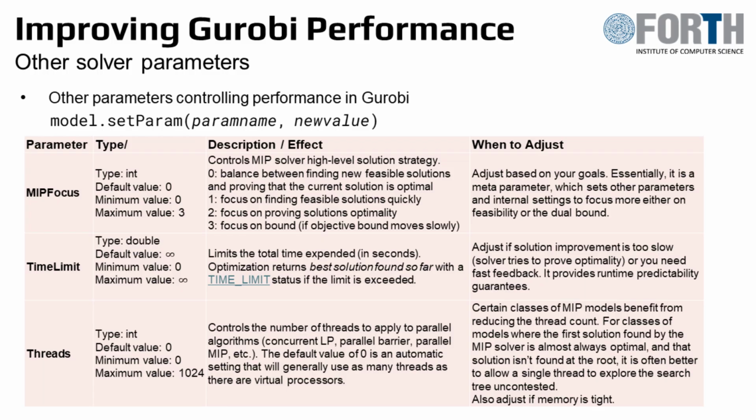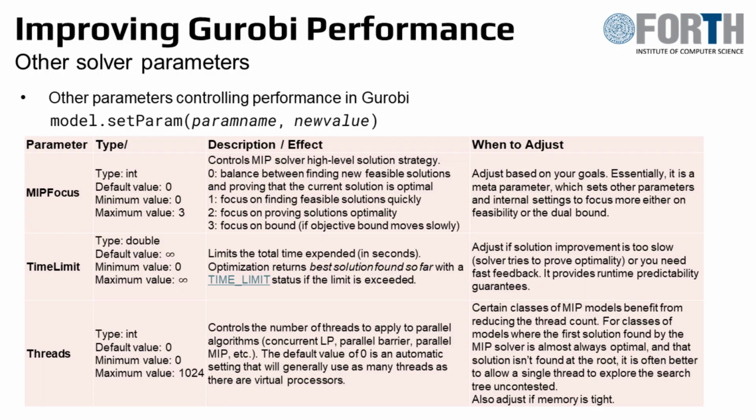If it is set to 3, the solver focuses on improving the objective bound, which can be helpful when the bound progresses slowly. So MIPFocus is essentially a meta parameter. It steers the search strategy depending on whether your priority is feasibility, proof, or bound improvement.